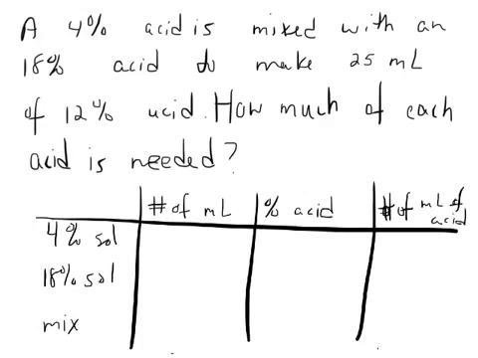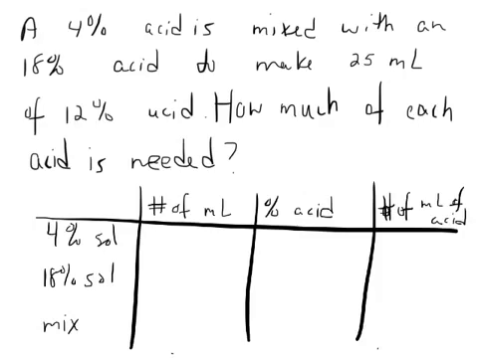Remember what we talked about last class: when you multiply these first two columns, you take the number of milliliters times the percent of acid, and you get the number of milliliters that consist of just acid. So if you have 100 milliliters and it's 50% acid, you really have 50 milliliters of acid. So you just have to multiply across.